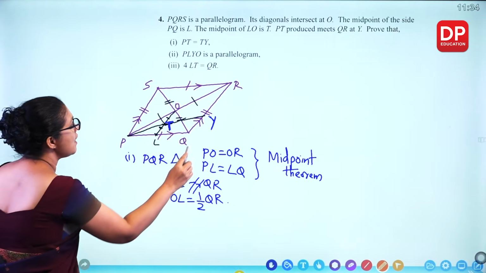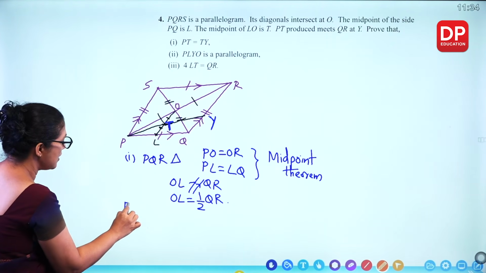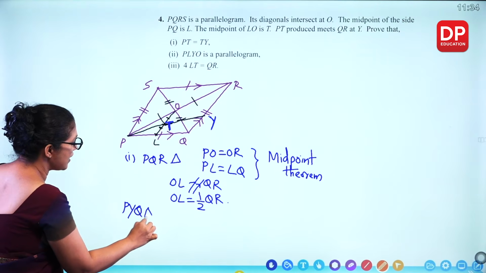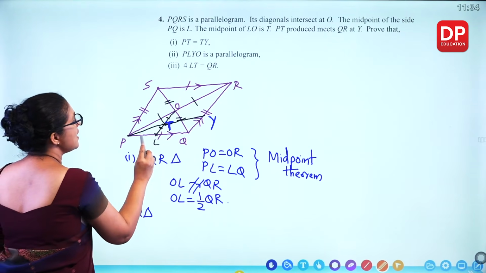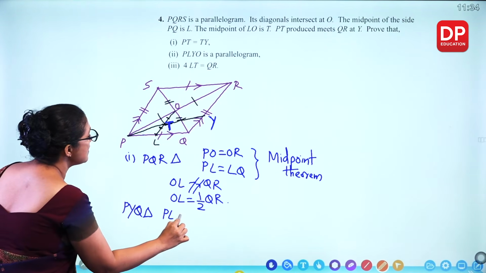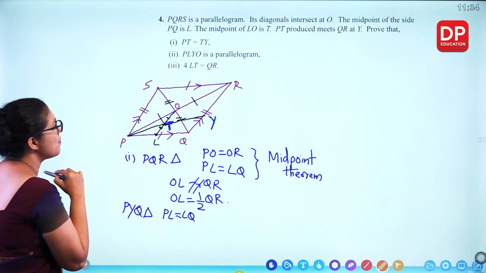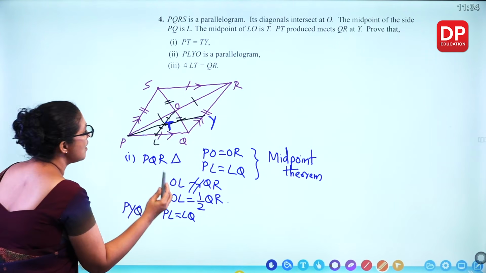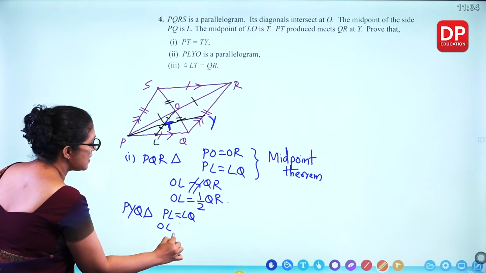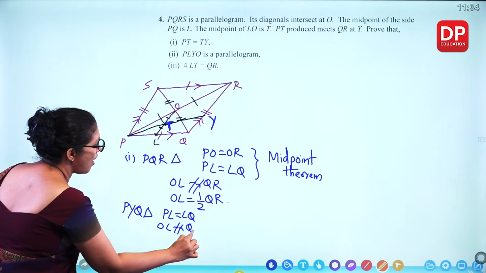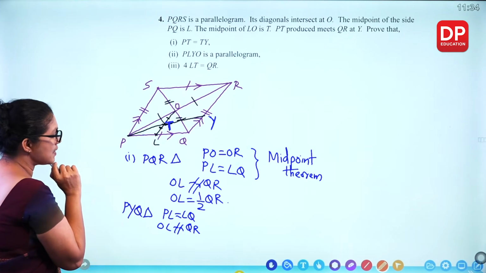Now we found out this line is parallel to this line. Now take PYQ triangle. These two lengths are equal. PL is equal to LQ, that's the midpoint, and OL is parallel to QR, that's from the previous part.